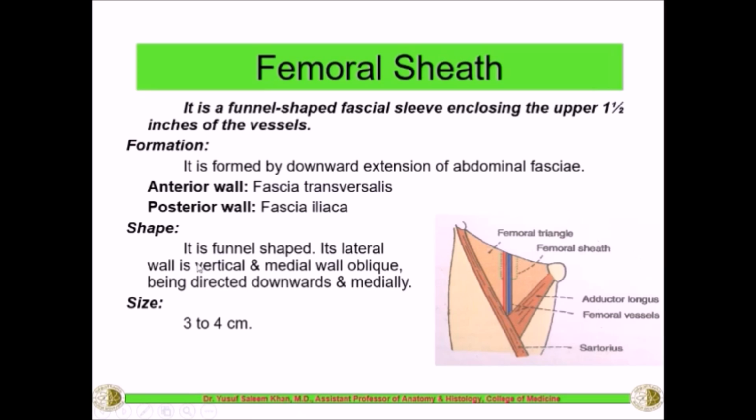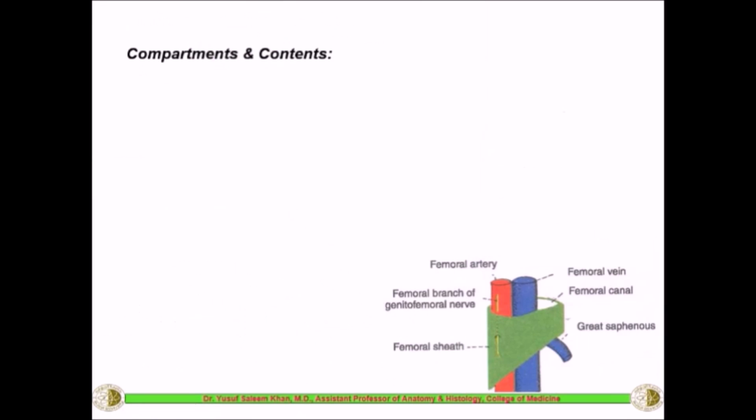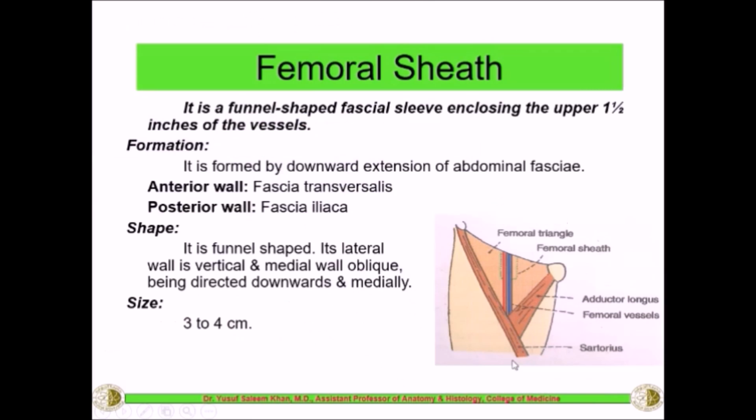Its lateral wall is vertical and the medial wall is oblique. If you see the next picture here, this is how it looks. Here are the structures inside, and these structures are covered by this fascial sleeve. So this is the lateral wall, which is vertical, and the medial wall is almost oblique.